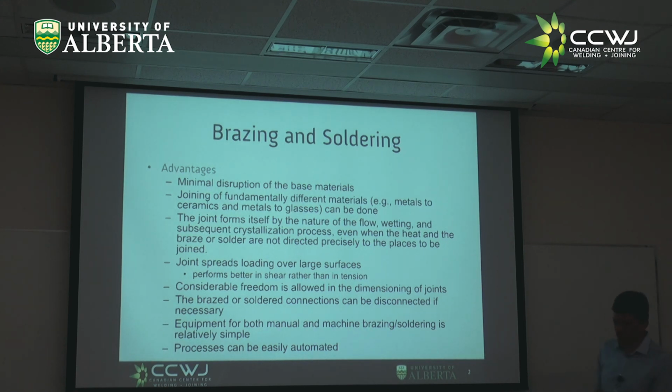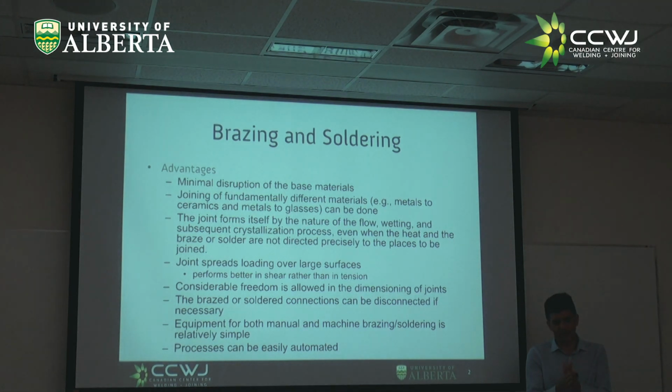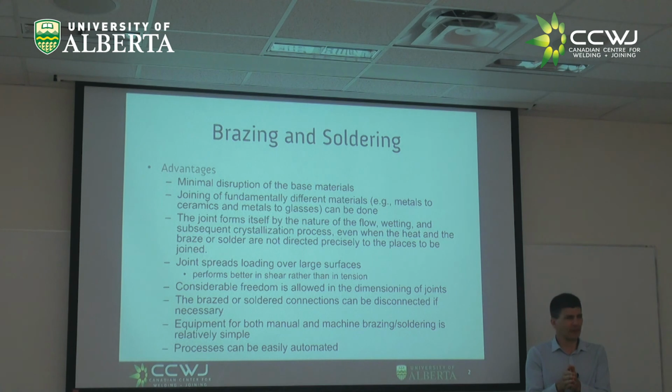These types of joints that are brazed, of course, there is a relationship between strength and melting temperature, right? This is a rough relationship, but if I do brazing, the braze has a lower melting temperature than the things I'm joining, and if it has a lower melting temperature, that also means typically weaker, right?